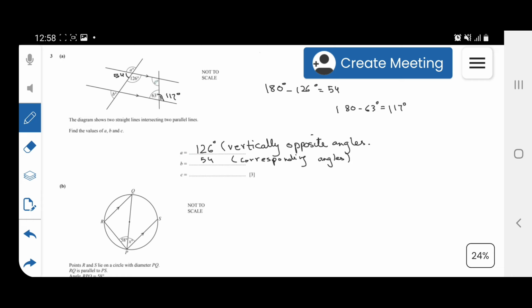Now if you observe, this angle C and this angle, which is 117, are alternate interior angles. We know that alternate interior angles are always equal, so C equals 117 degrees, and here you can mention the reason: alternate interior angles.